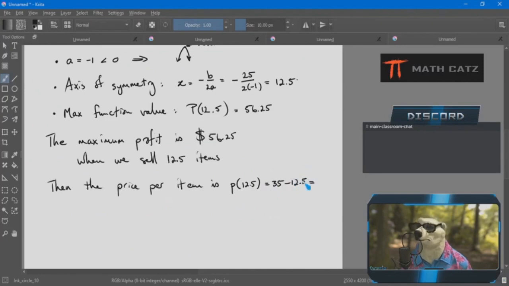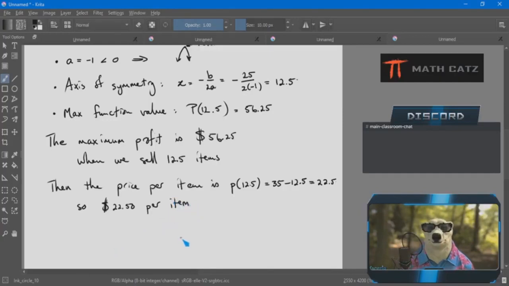It's just a calculation that comes from somewhere we're not seeing. So what do we get here? 22.5. In other words, $22.50 per item.